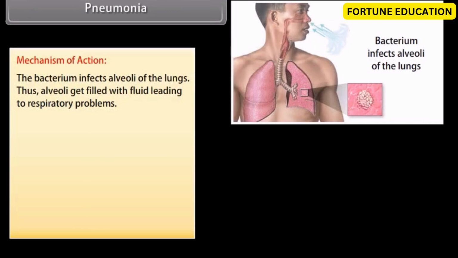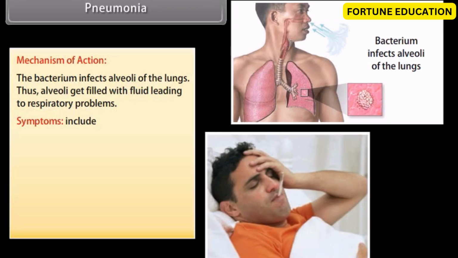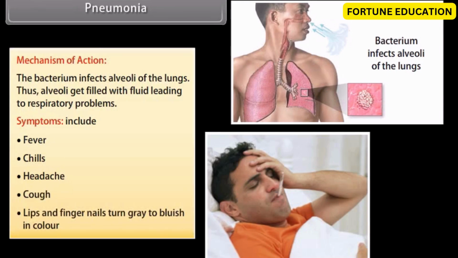Mechanism of action. The bacterium infects alveoli of the lungs. Thus, alveoli get filled with fluid leading to respiratory problems. Symptoms include fever, chills, headache, cough. Lips and fingernails turn gray to bluish in color.